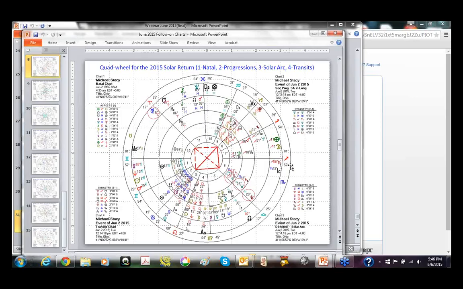Also squaring your Jupiter, your solar arc Jupiter, and your Mercury. I've got to find all this. How did I ever find this on my own? There, solar arc, down there at the bottom of the chart. There we go.